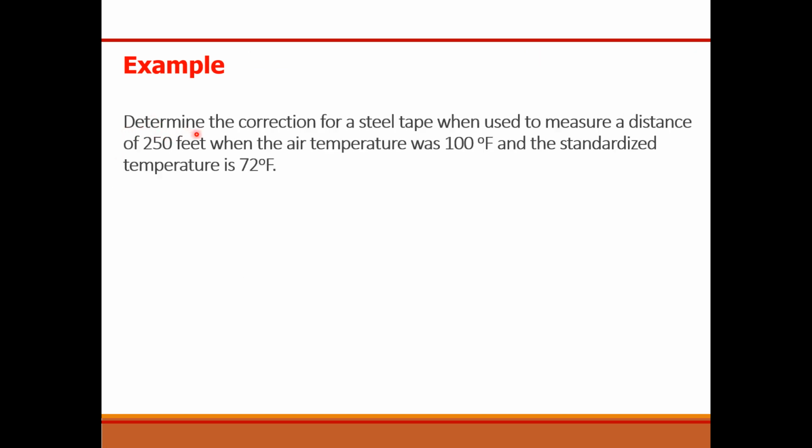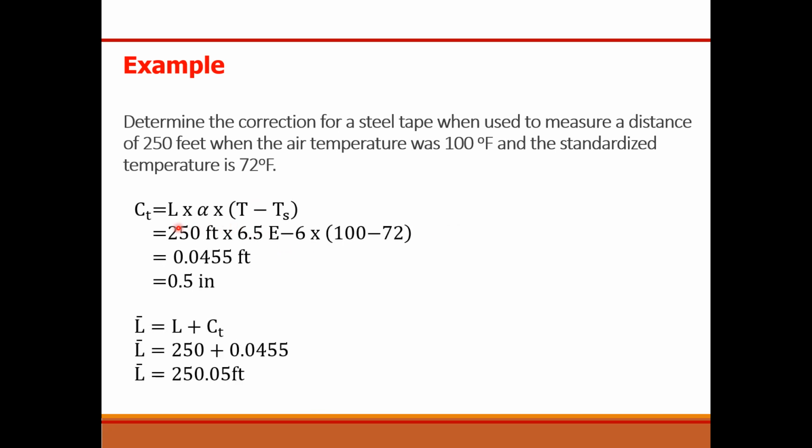This is another example. Determine the correction for a steel tape when used to measure a distance of 250 feet when the air temperature was 100 degrees Fahrenheit and the standardized temperature is 72 degrees Fahrenheit. Simply put all these values.